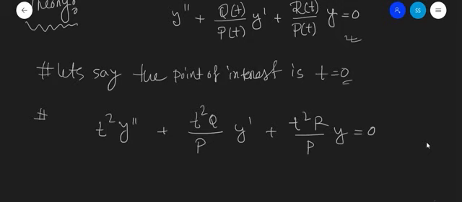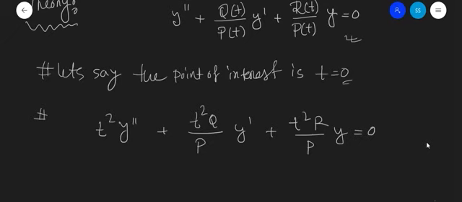Now, by definition, the functions t q divided by p and t squared r divided by p are analytic at t equals to 0. So this might feel a bit odd, because why am I saying that they are analytic, right?